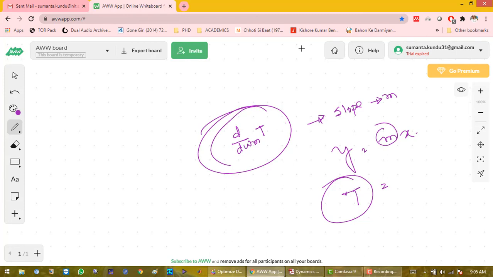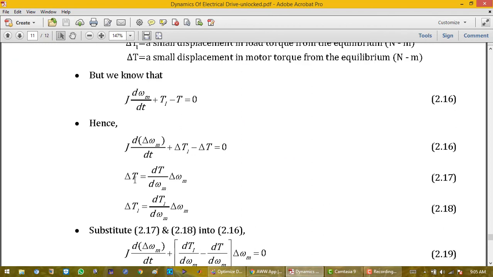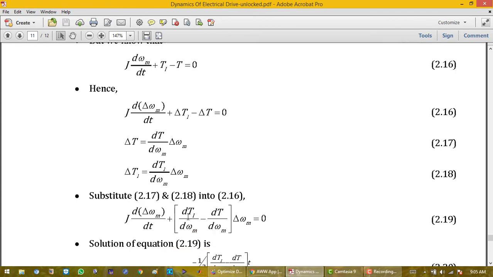This slope term, dT/dω_m. And what is my x? X is my corresponding speed. So for ΔT, it is dT/dω_m times Δω_m, and for ΔT_L, it is dT_L/dω_m times Δω_m. So now we will put these two values into this equation.